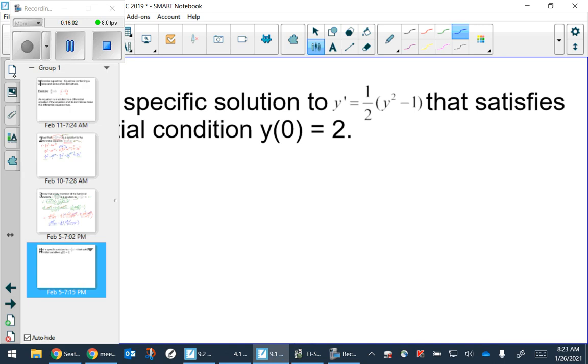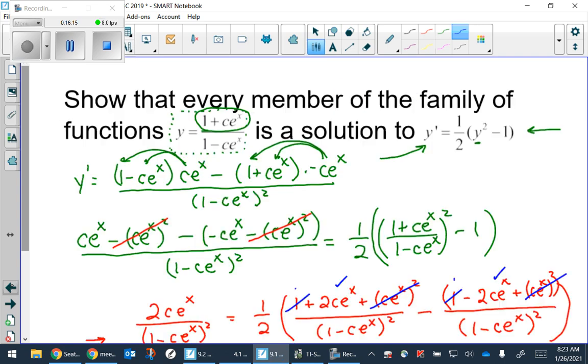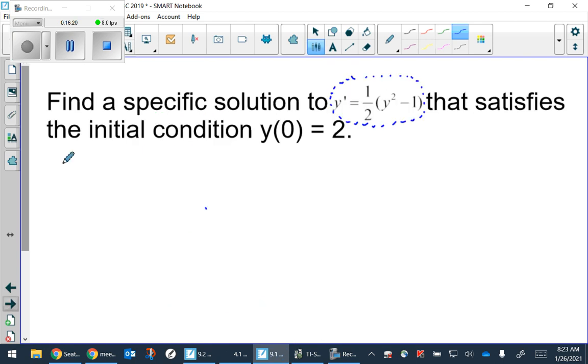Now, our final slide. We just verified this differential equation has a solution of (1 plus c e to the x) over (1 minus c e to the x). If y is equal to that, this differential equation is true.